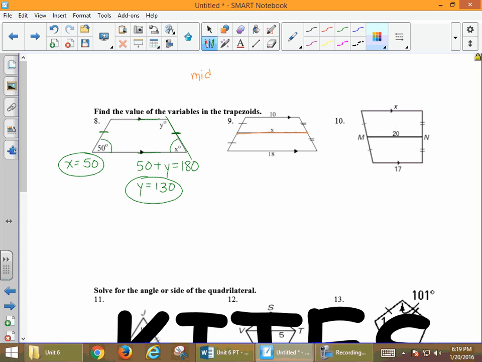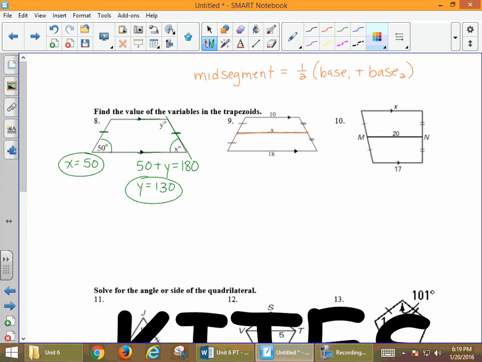So the mid-segment. The length of that mid-segment is equal to 1/2 of base 1 plus base 2. So if you are one of the formula people that you need a formula to remember, there's the formula for the mid-segment's length.